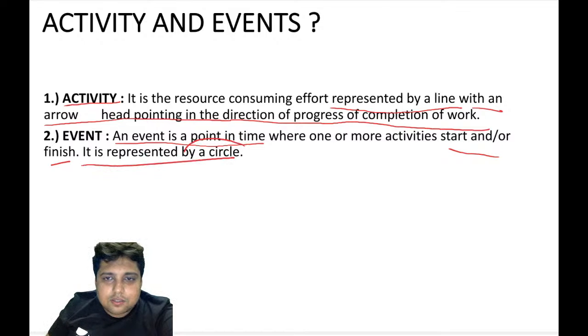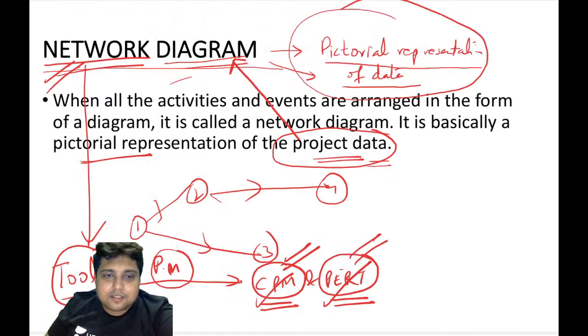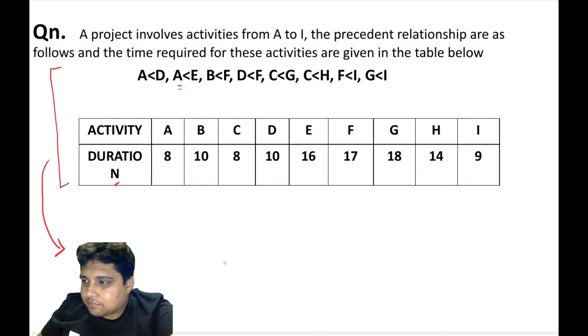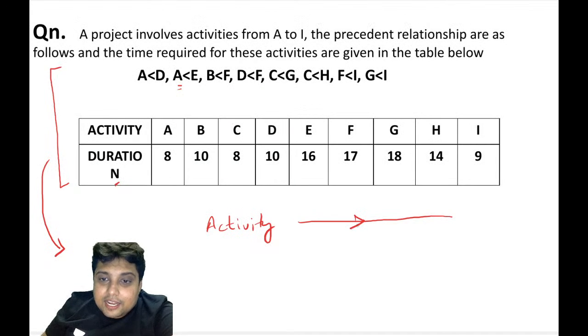Very important, circle, and very important, by a line with an arrow. It means in a network diagram, activity will be represented by a line with an arrow pointing in the direction of progress of work, and event will be represented by a circle.